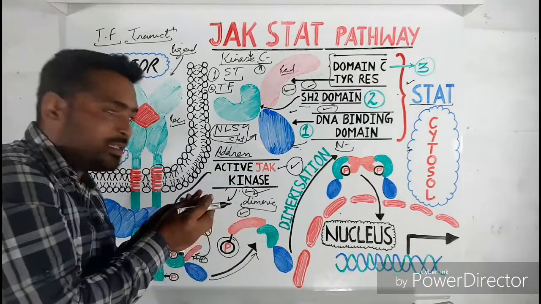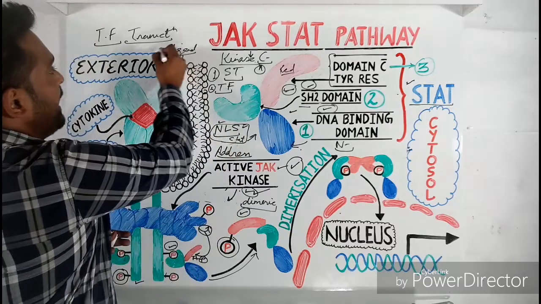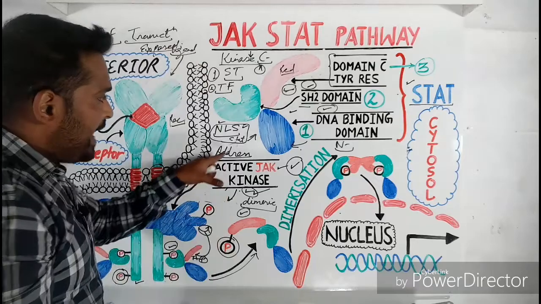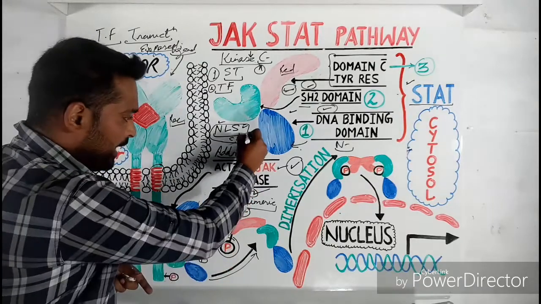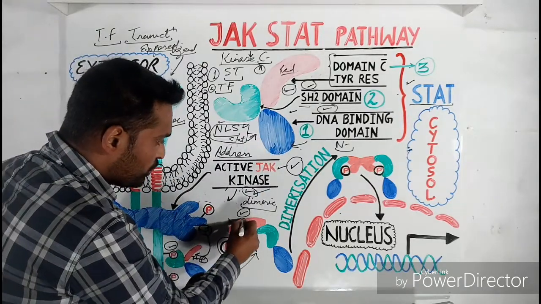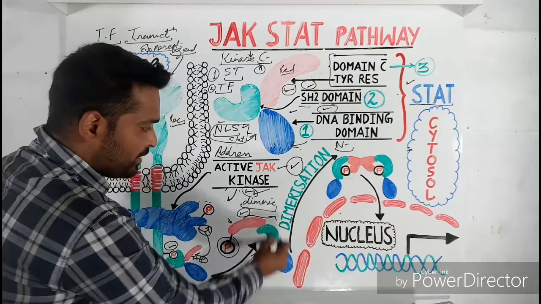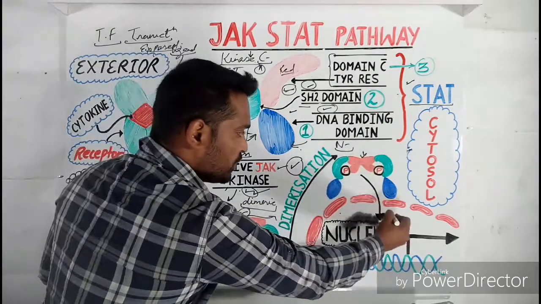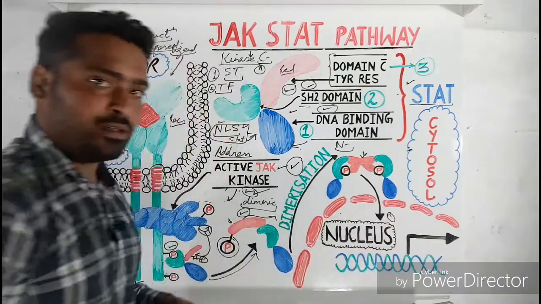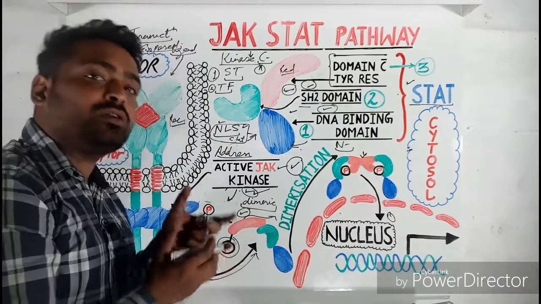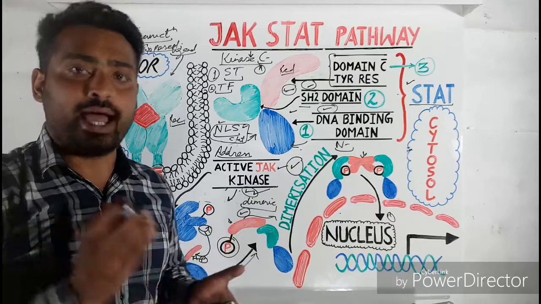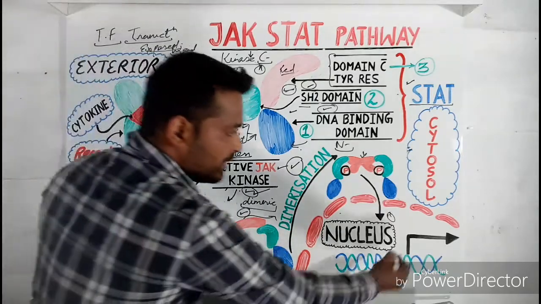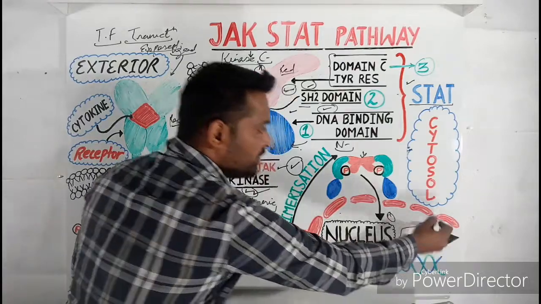When they form a dimer, this NLS is exposed. When this NLS is exposed, it would escort this dimer of these proteins into the nucleus. And when this is in the nucleus, along with other transcription machinery like coactivators and activators, and of course the RNA polymerase, it would initiate the transcription of the genes.